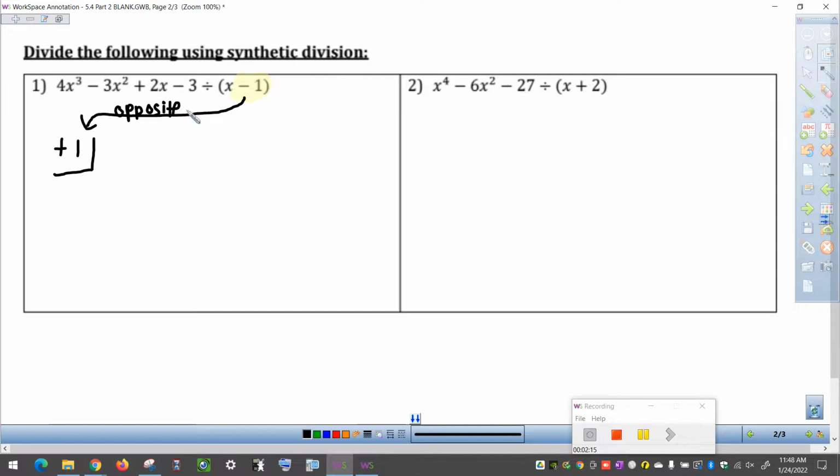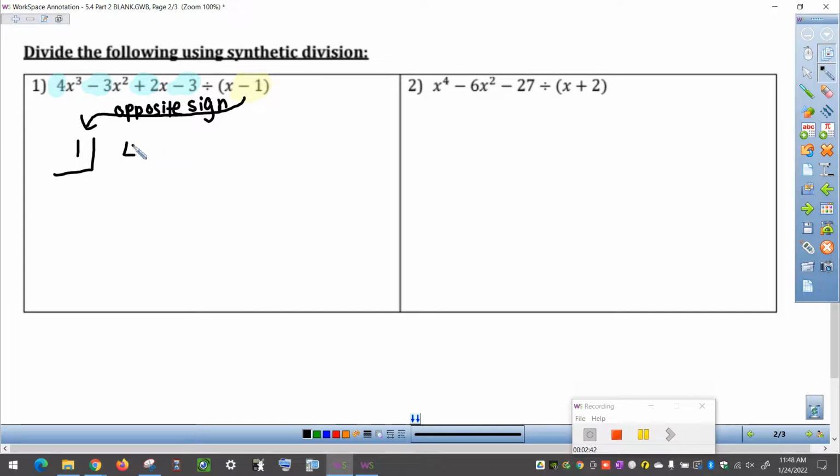Let's make a note here that it's going to turn to the opposite sign. And you don't really have to put the plus sign in front of the 1. You can just write it as a positive 1. Then we are going to write some other numbers across the row. We are just going to take the coefficients of the polynomial at the start, which means we're not going to be putting any x's or variables in here.